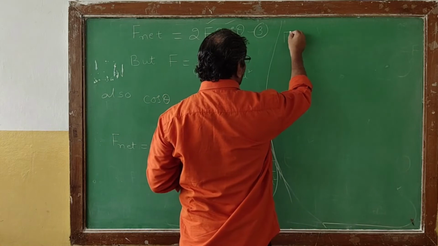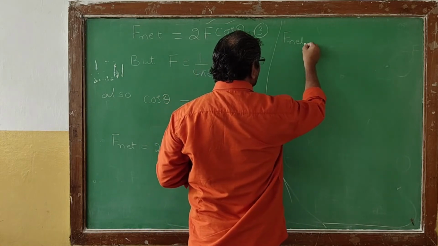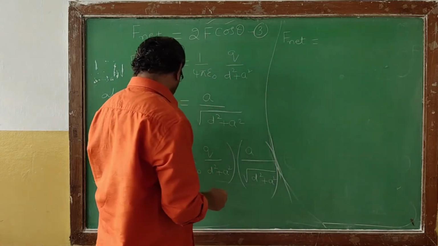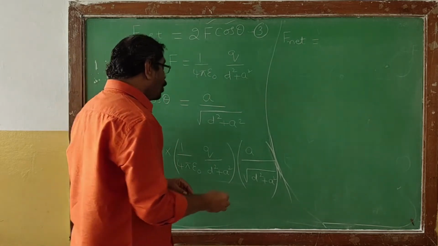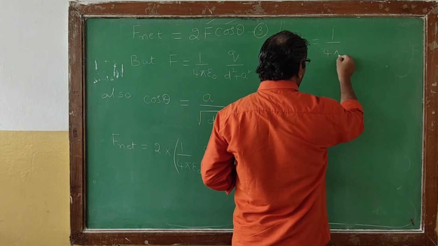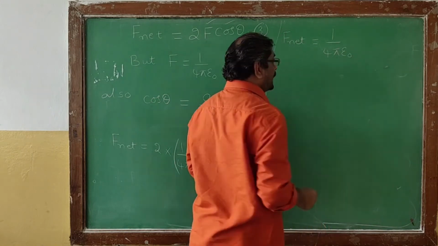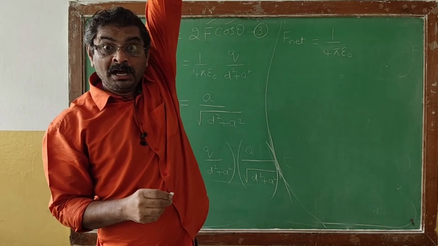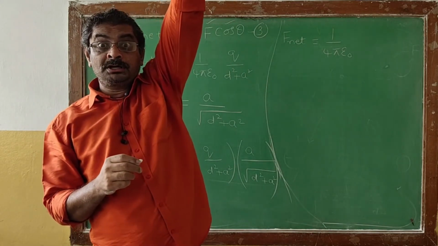So now what can I write? F net will be numerically equal to, first of all, 1 by 4 pi epsilon naught. I am rearranging all the terms.